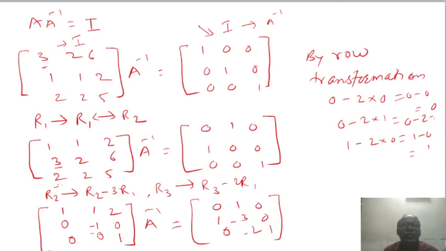You should write the transformation R2 replaced by minus R2. R2 replaced by minus R2. Now this transformation becomes, this is nothing but your A inverse is equal to the right hand side.